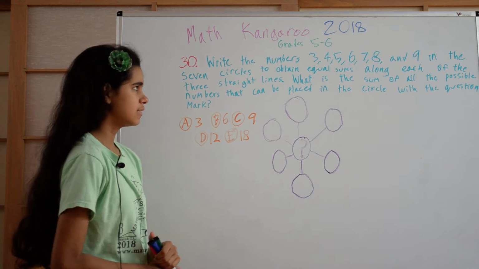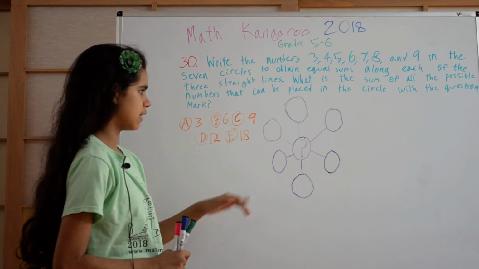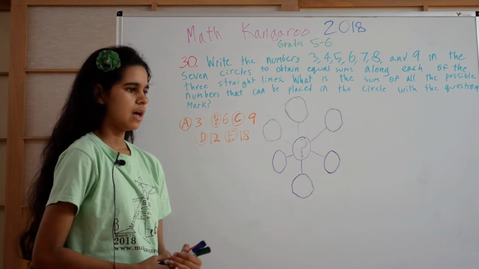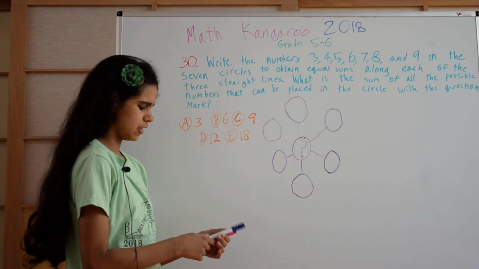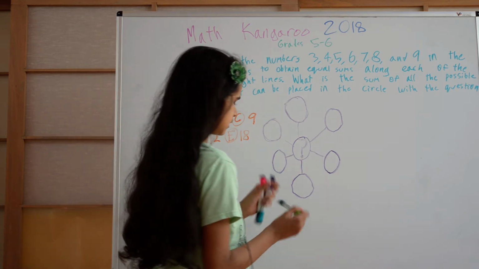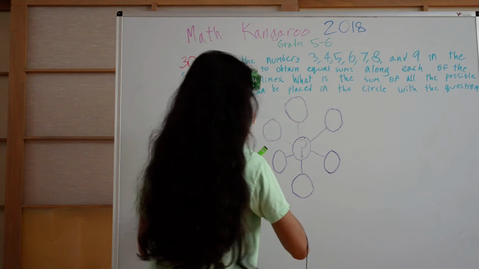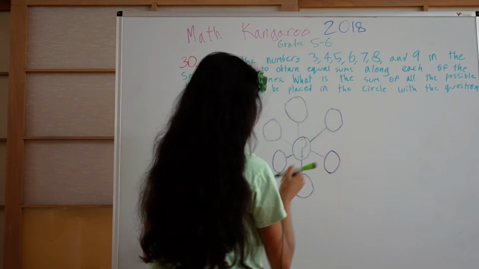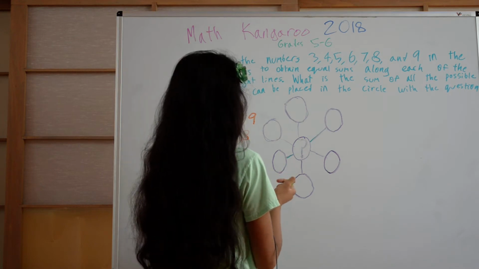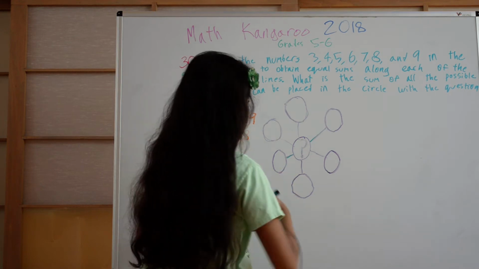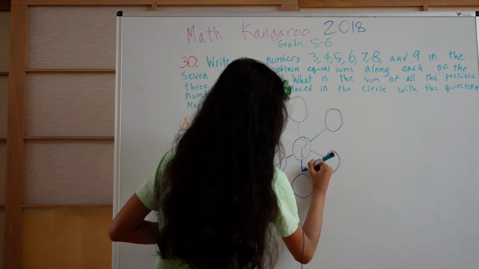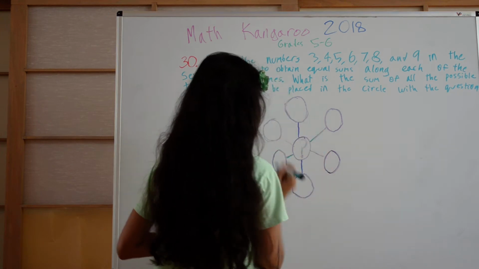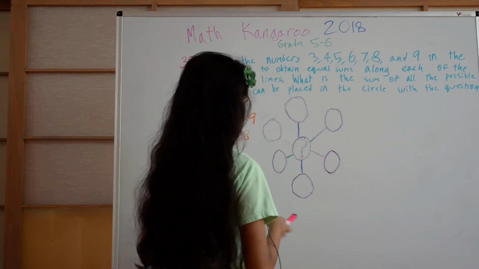So we have these 7 numbers here that have to go in the 7 circles, and we see there are 3 lines here. There's this line, the one that goes there and then through the center to there. There's this line that goes through the center to there, and there's this line.